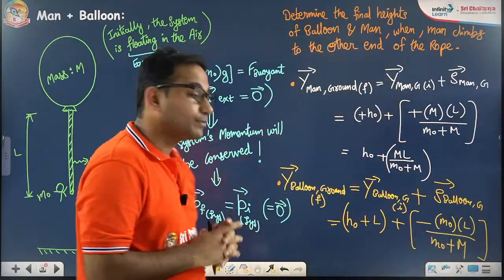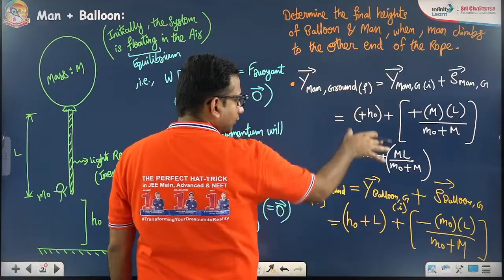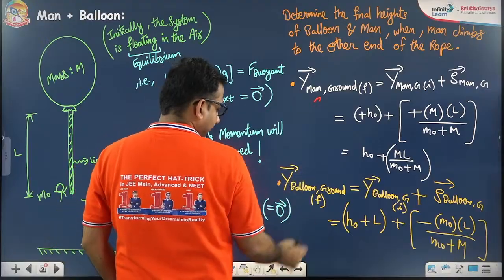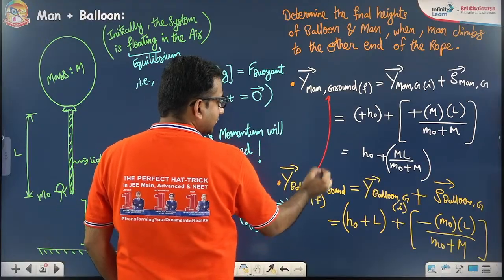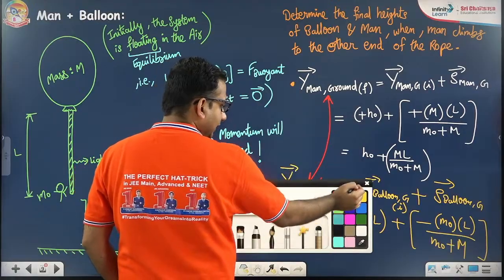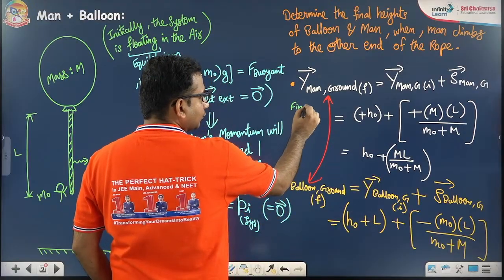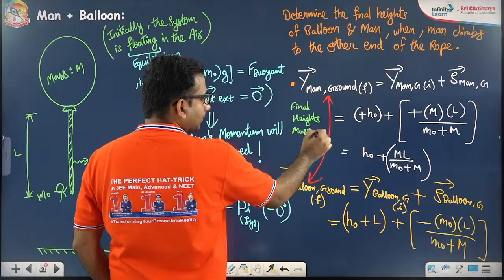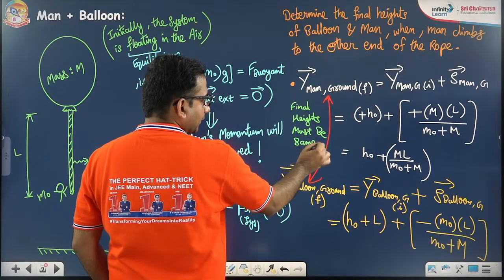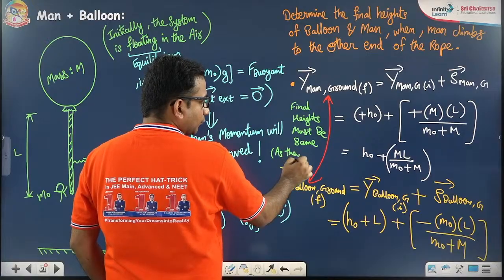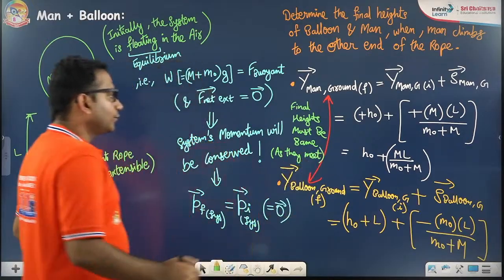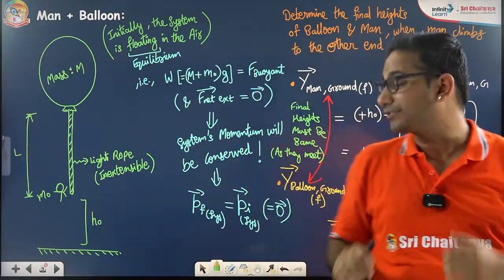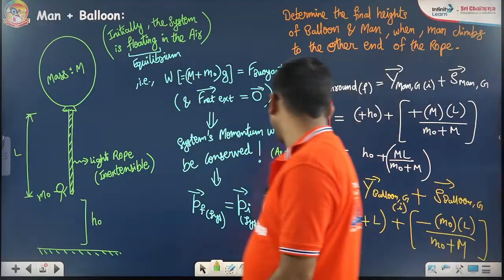So their final heights must be the same. So when the man reaches the other end of the rope, the man basically meets the balloon. So finally they must be at the same height. So solve this, you must get the same result.